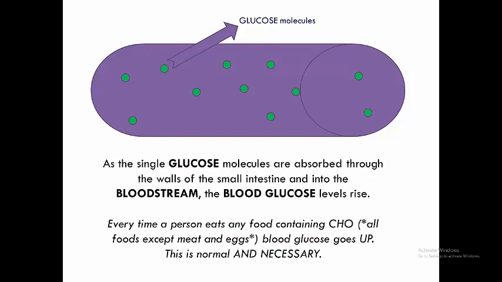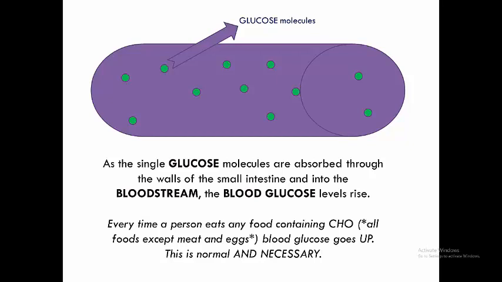So think about it. If everything but meat and eggs contains carbohydrate, then every time we eat foods other than meat and eggs, they break down and are absorbed into our blood where they become blood glucose molecules, and therefore there's a larger volume of glucose in our blood, hence our blood glucose level rises. That's supposed to happen.